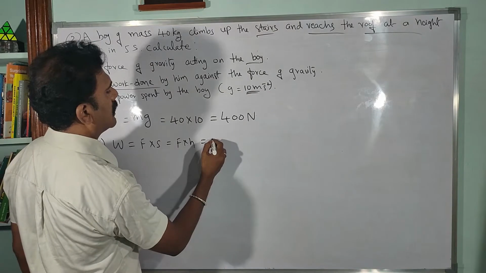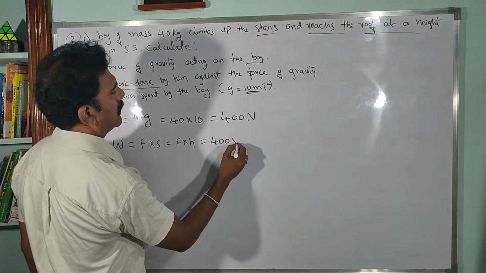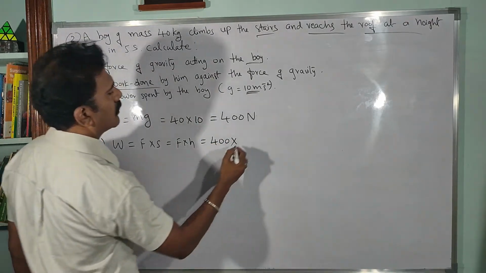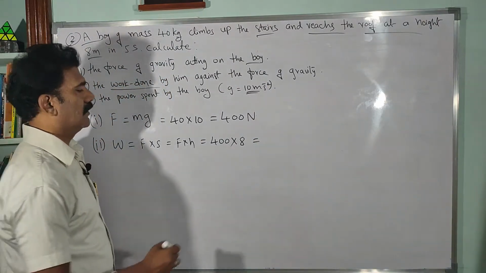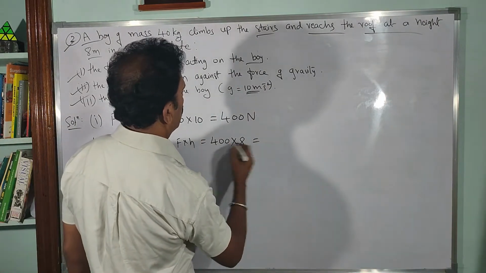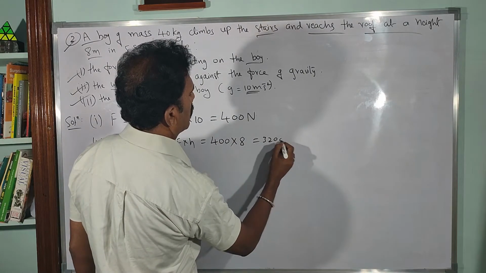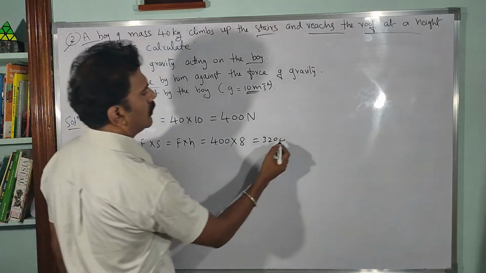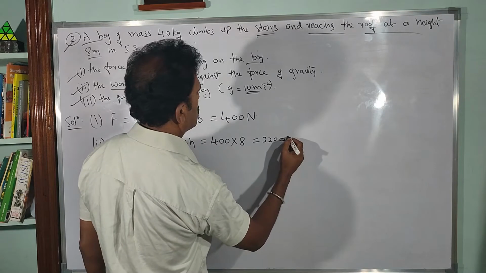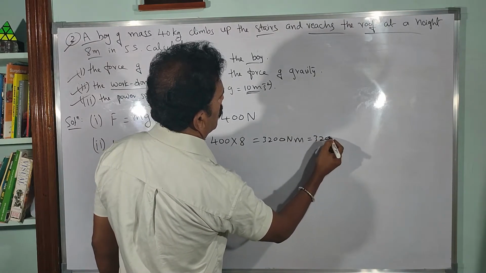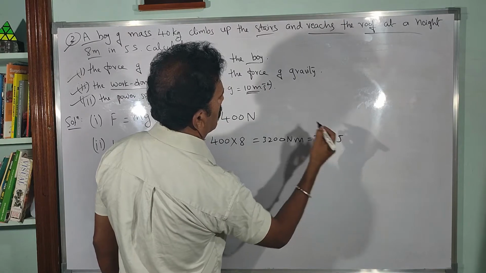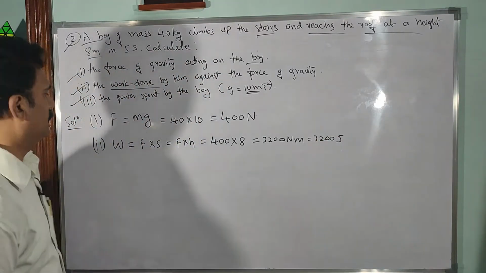What is the force already calculated? 400 Newton into height is equal to how much? 8 meter. Then the work done will be multiplied, so 3200. You can write it as Newton meter or 3200 joules also you can write, the work done in terms of joules.